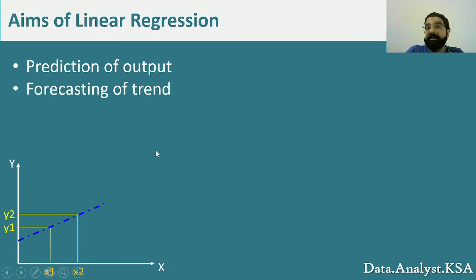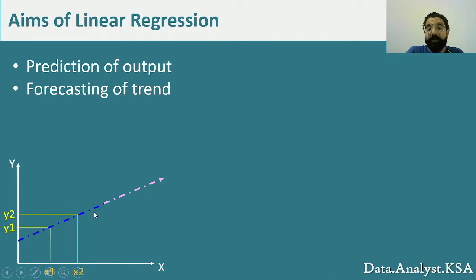Also, we can forecast a trend. Even though our data is captured, say from here to here, in terms of the x variable and the y variable in our observations, we can still forecast beyond the boundaries of our data. We can see that the slope is continuing, so we can forecast how it would look in the future, or for x values outside our observations.